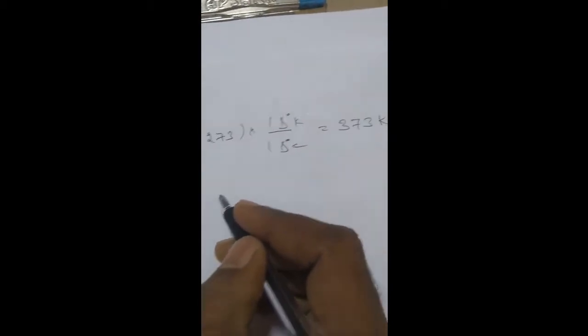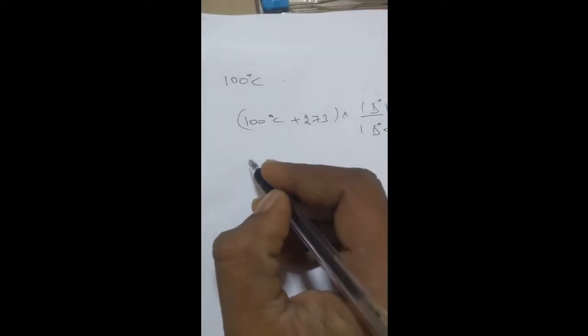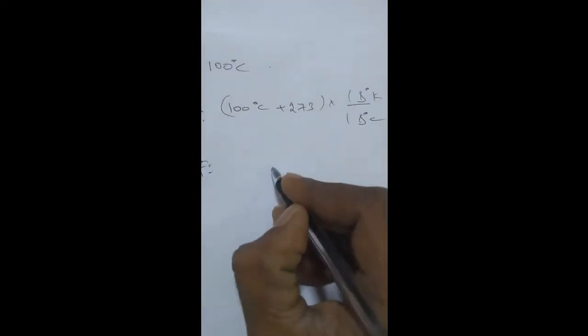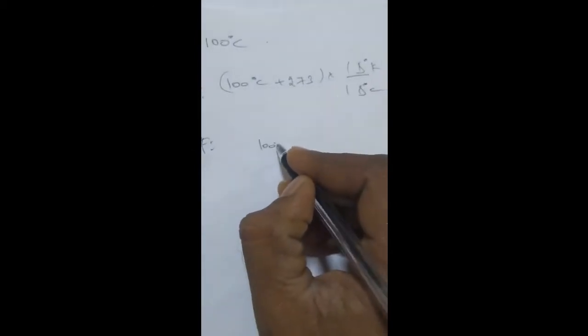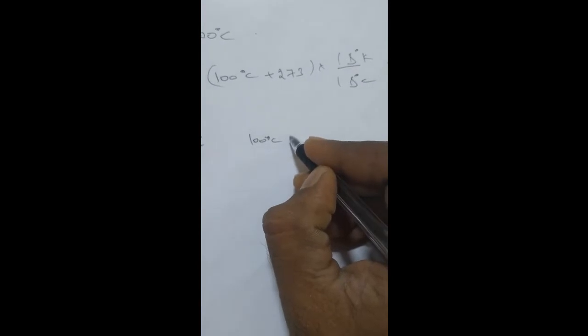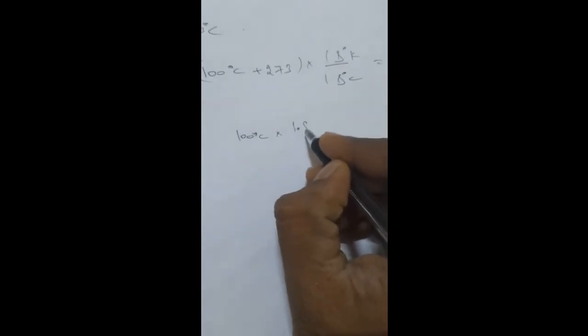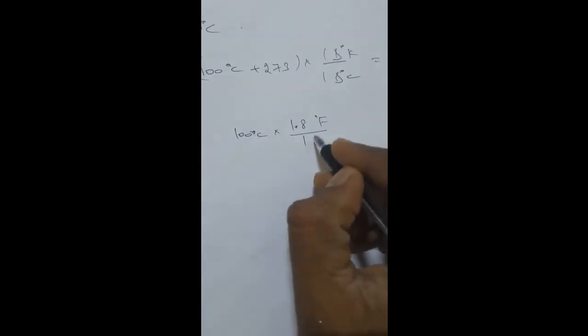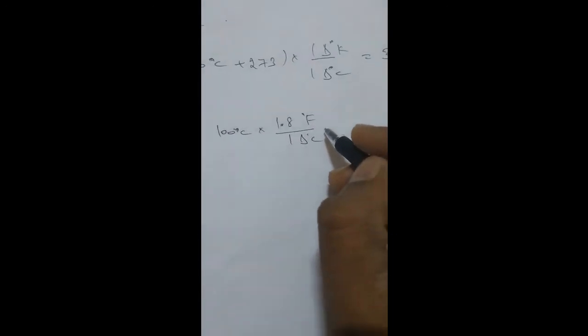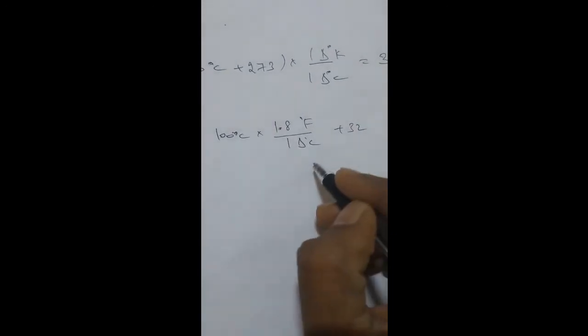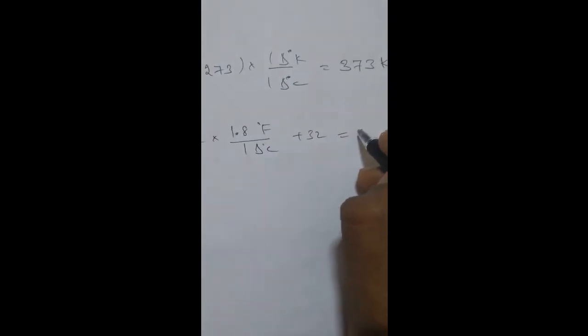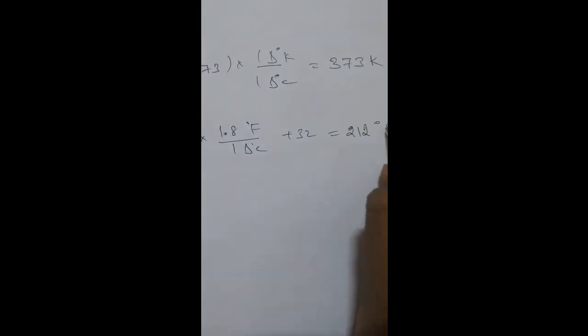So that is conversion into Kelvin. To report it in Fahrenheit, what to do? 100 degree Celsius into 1.8 degree Fahrenheit per 1 delta degree Celsius plus 32 is equal to 212 degree Fahrenheit.